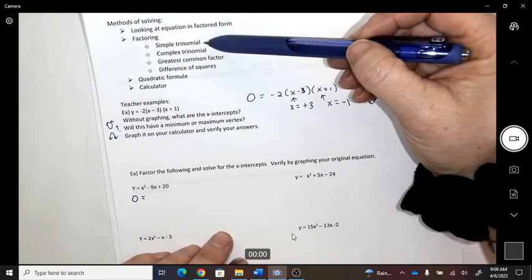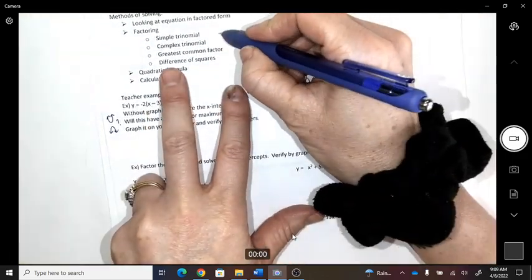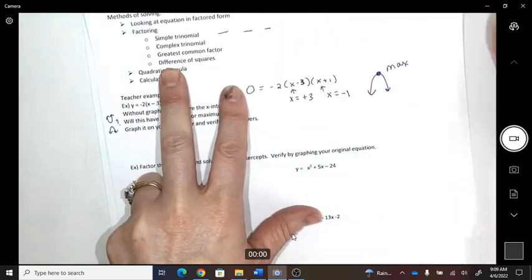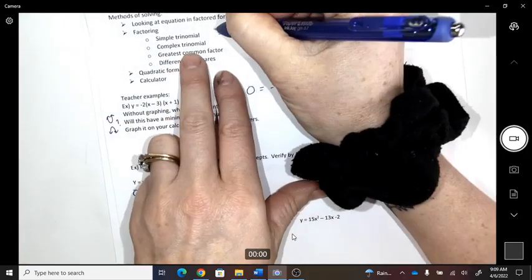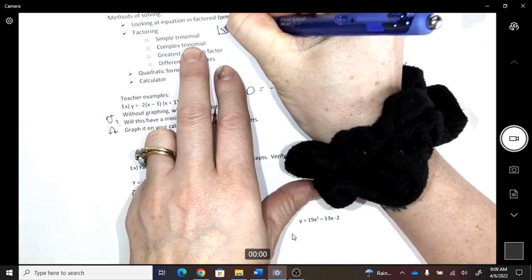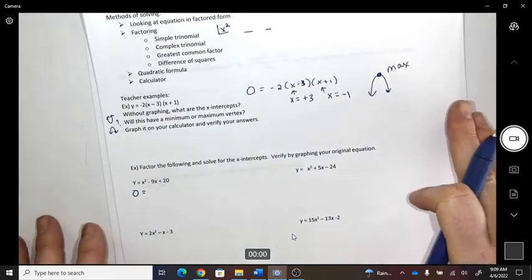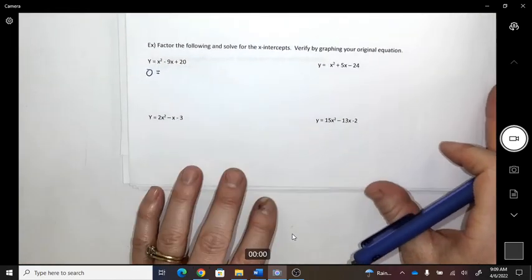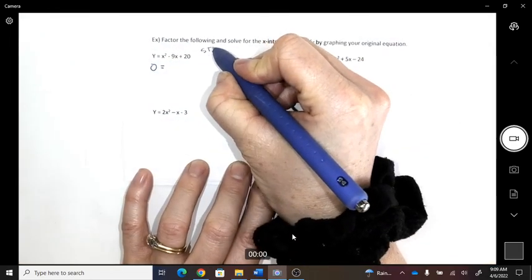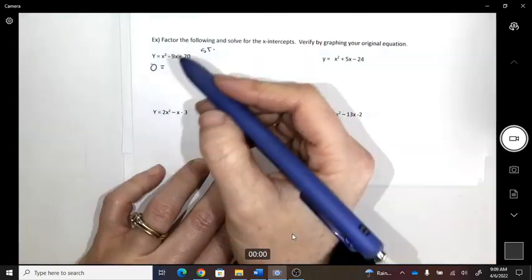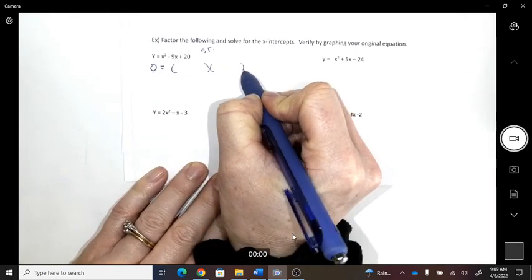So a simple trinomial has 3 parts because it's a trinomial, and it would always start with a 1x squared. That's what makes a simple trinomial. Okay, so this is a simple trinomial. So here's your tactics. 2 brackets.